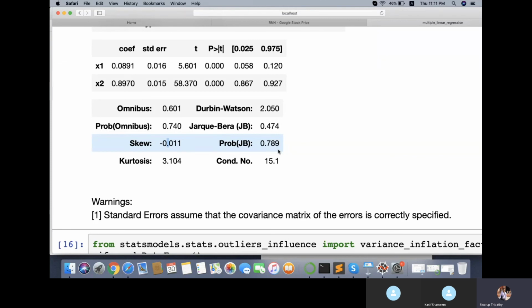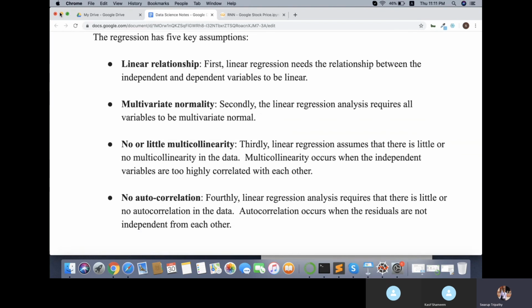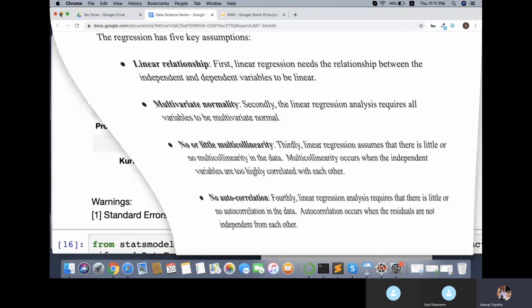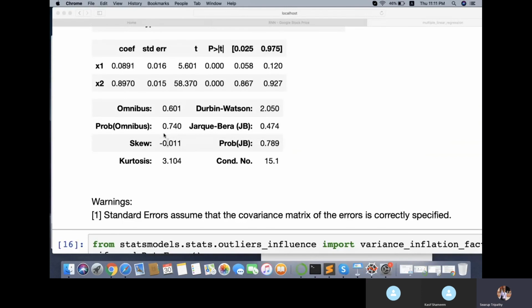Next there is something called the Durbin-Watson test. The Durbin-Watson test is to check autocorrelation. As we saw, there should be no autocorrelation within the data. Autocorrelation means residuals are not independent of each other, and we are saying residuals should be independent of each other. That is what Durbin-Watson will tell us.